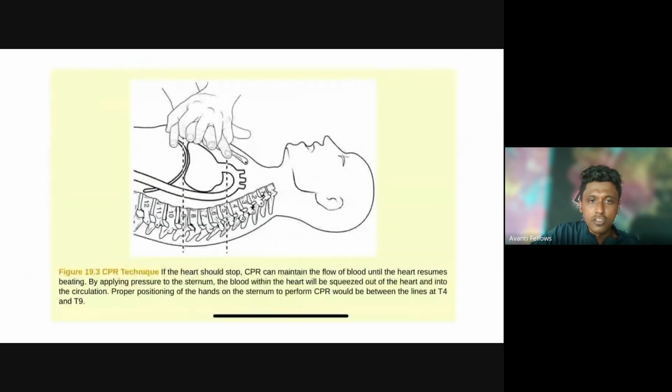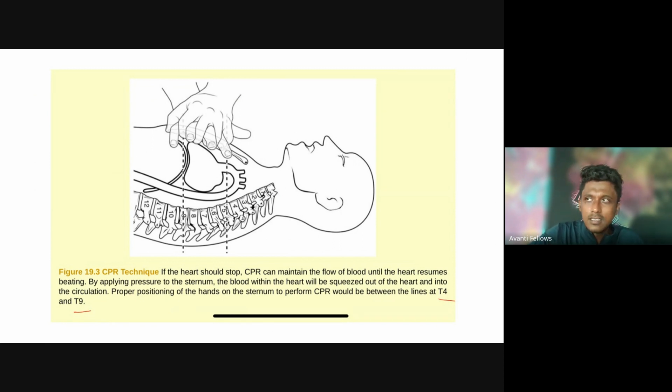So here is a picture that gives you a very good idea about where to place your hands for cardiopulmonary resurrection. That is T4 to T9, thoracic vertebrae 4 to thoracic vertebrae 9, your go-to place for cardiopulmonary resurrection to be practiced.